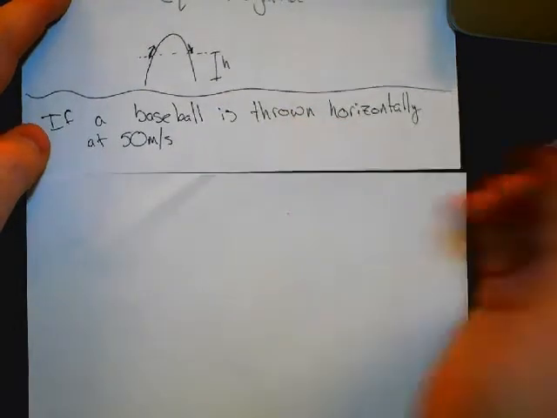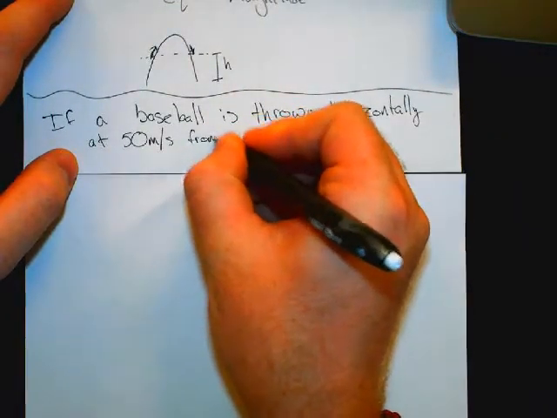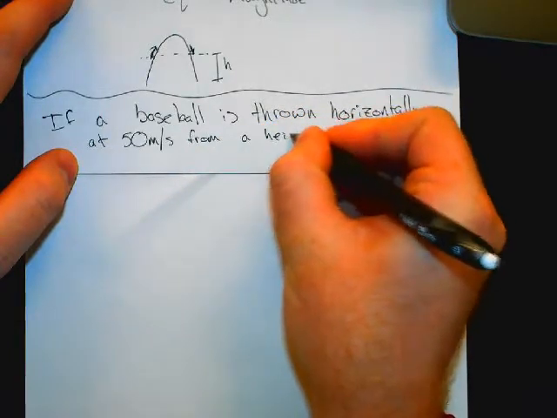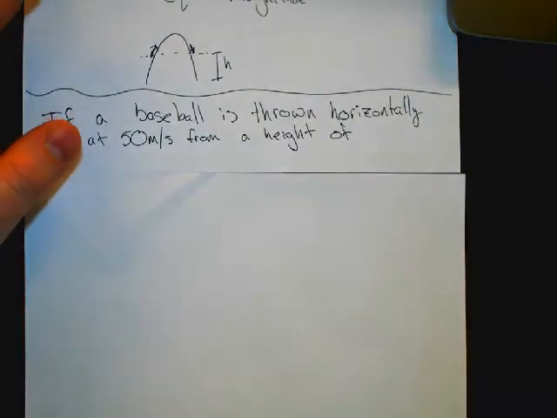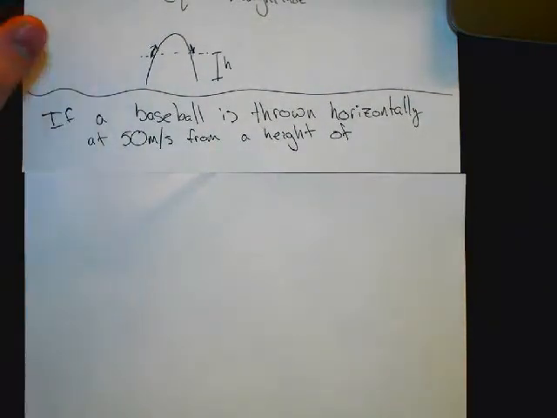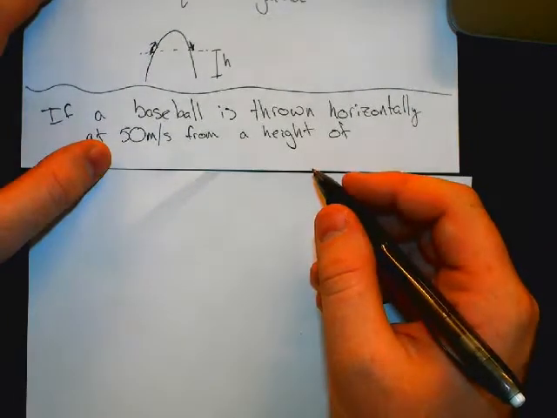If a baseball is thrown 50 meters per second from a height of average pitcher's height, probably going to be 4.5 feet to their arm. 5 feet to their arm? Oh, they release high?